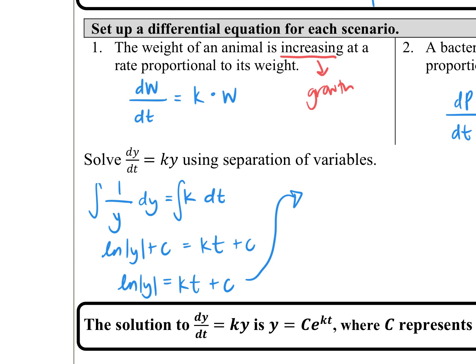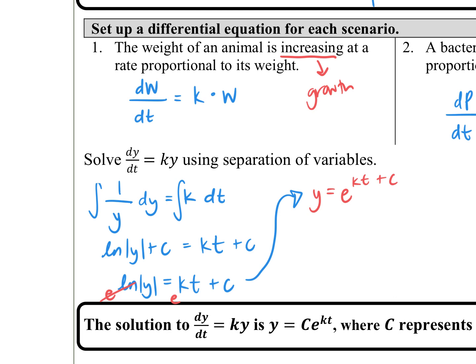And now we want to solve for y. So what am I going to have to do to both sides? E to the power of on both sides. So that e to the natural log goes away, and I'm left with y is equal to e to the kt plus c. Now, can I simplify this a little bit? Okay, we can do a little bit more.